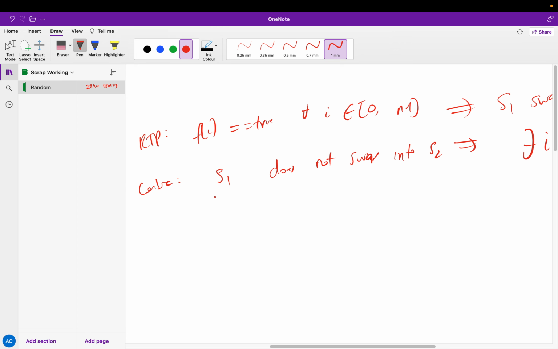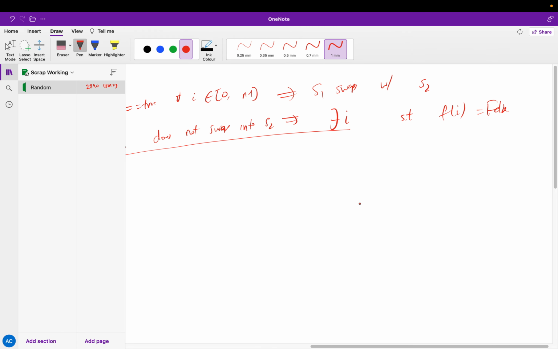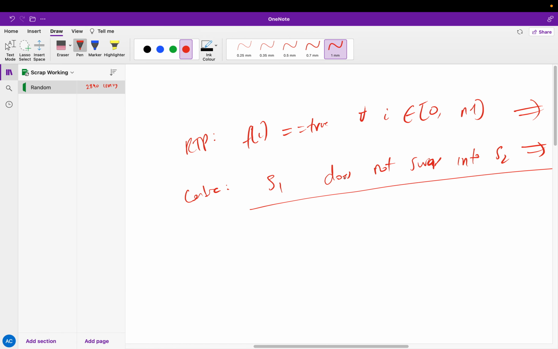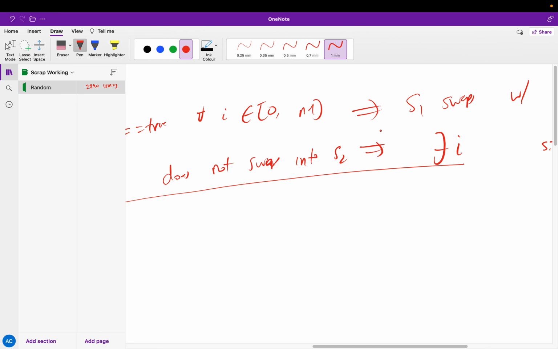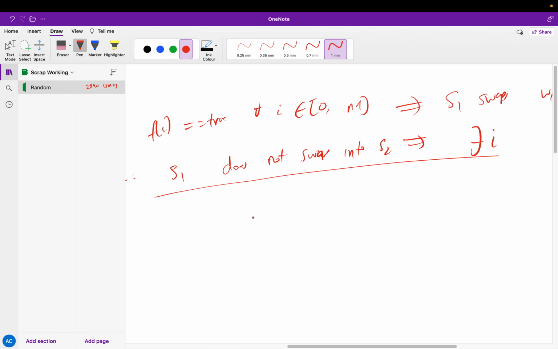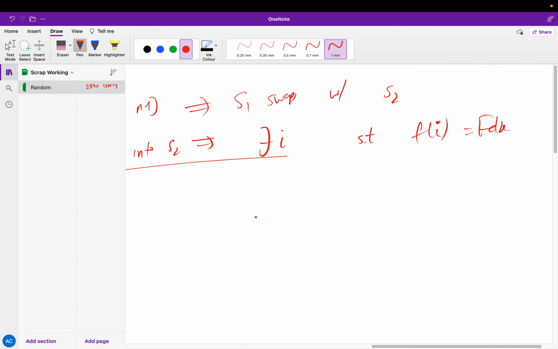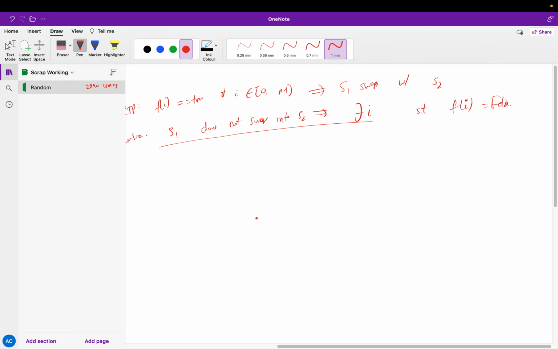I'm claiming that if S1 could not possibly swap to S2, there must exist a position where f(i) would return false, because you have an even position but the only odd ones are available.